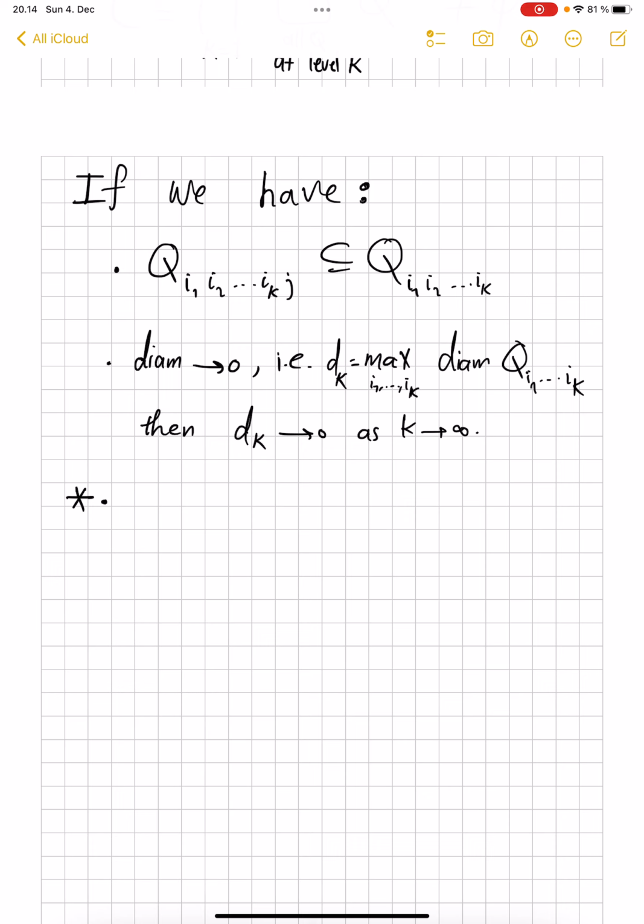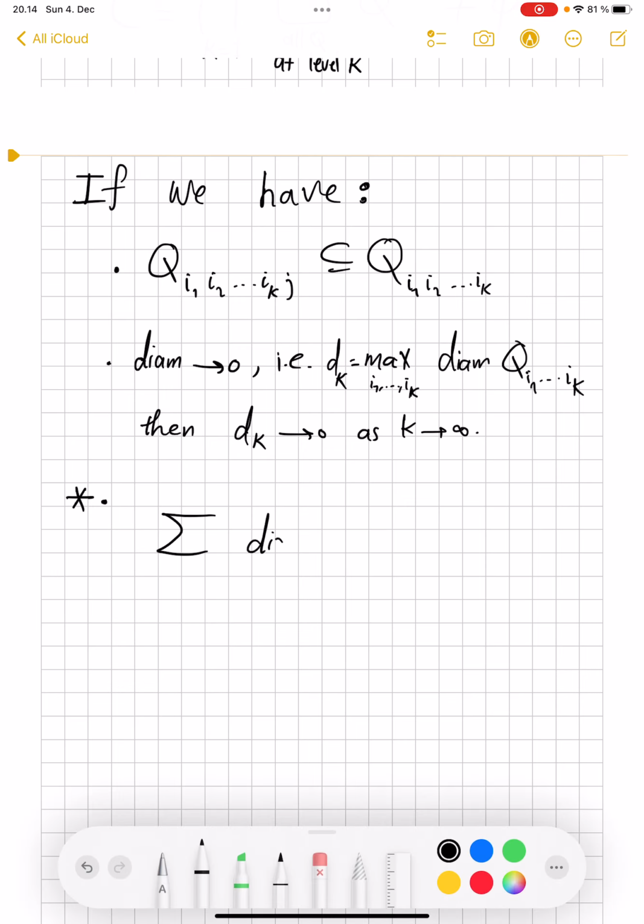The next, maybe the most important restriction that we have is this. If we add the s power, where s is some number between n and 0, maybe let's be safe and not include 0, it's always dangerous. So adding diameters to power s, remember, is what we do for Hausdorff dimension s.